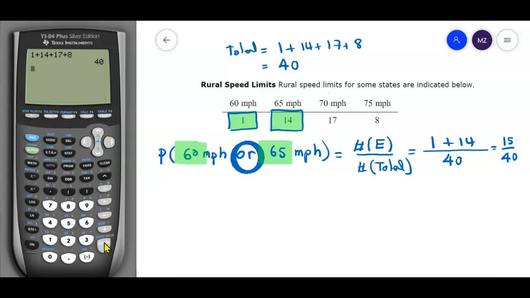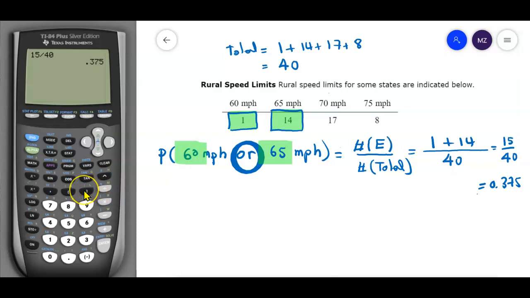So now, what is 15 over 40? 15 divided by 40. Enter. You're going to get 0.375. That's a valid answer. Suppose the answer is only fractions.